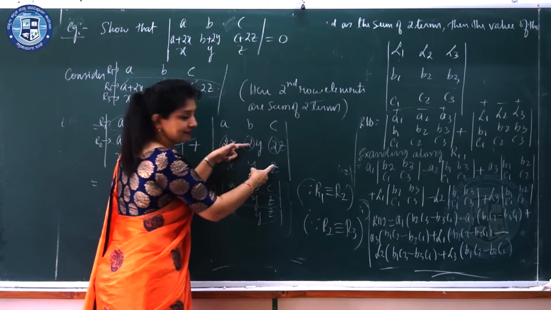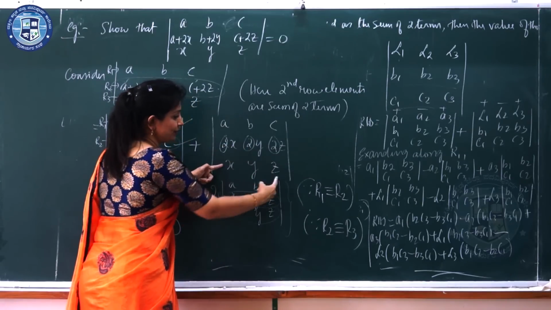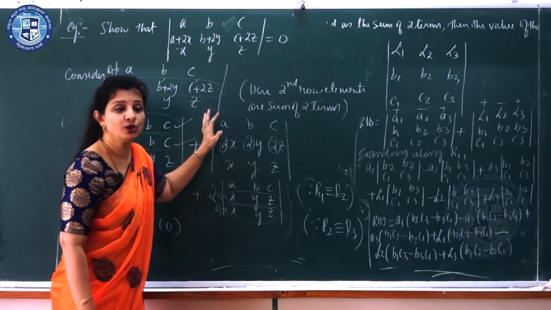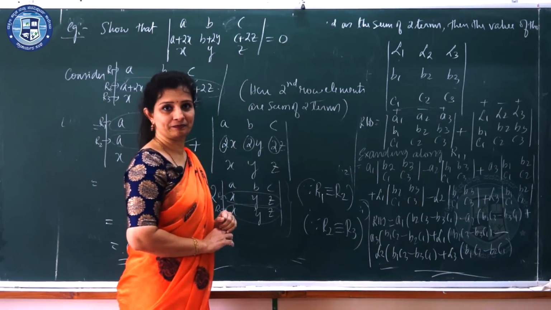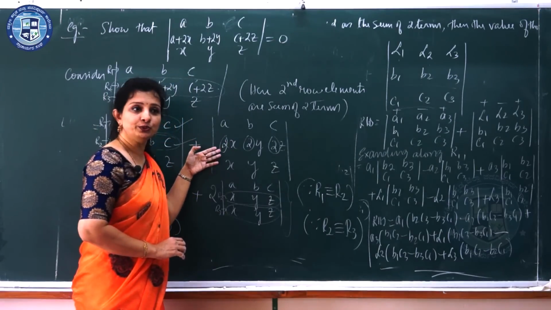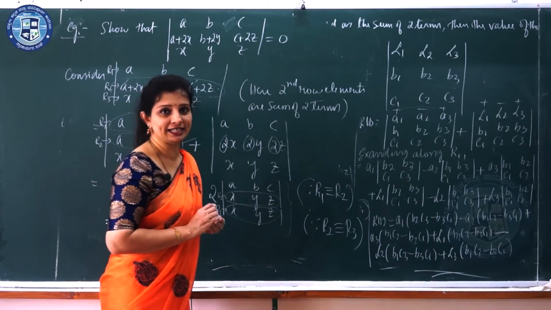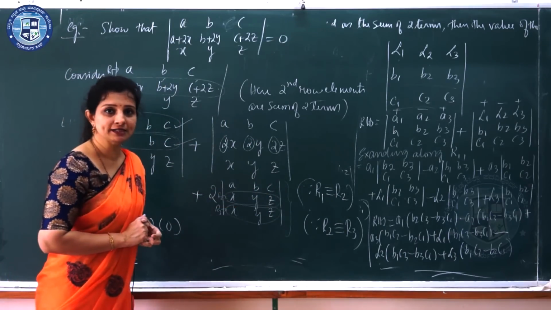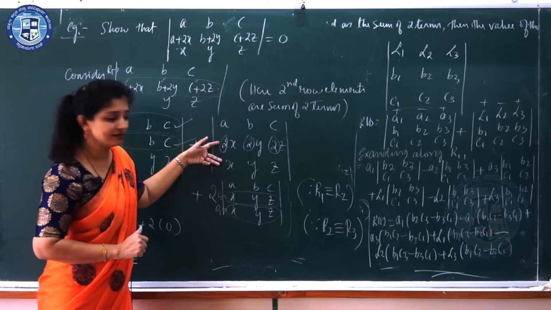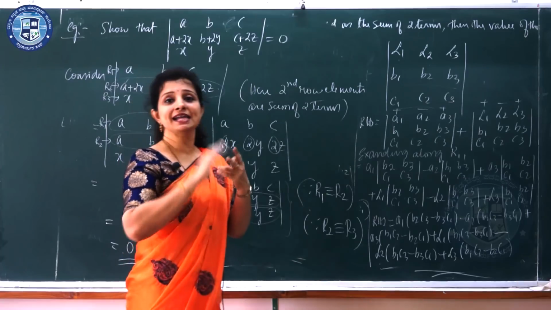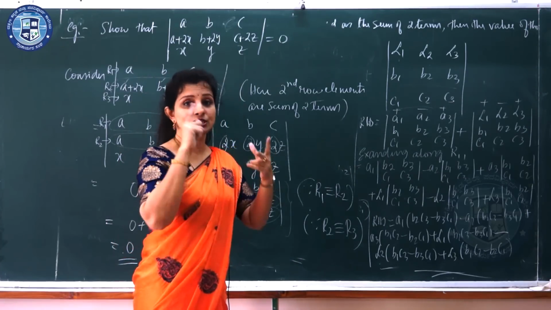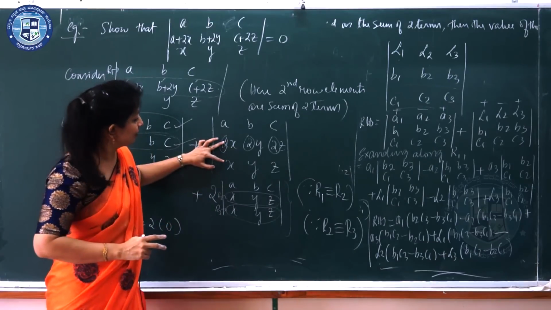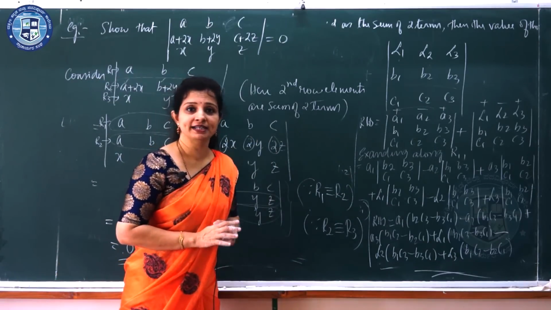So if the elements of any two rows or any two columns are proportional, then the value of the determinant is also 0. So one more property we got: if two rows are identical, the value of the determinant is 0; also, if the elements of two rows or two columns are proportional, then also the value of the determinant is 0.